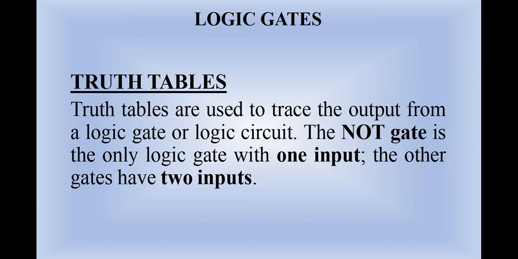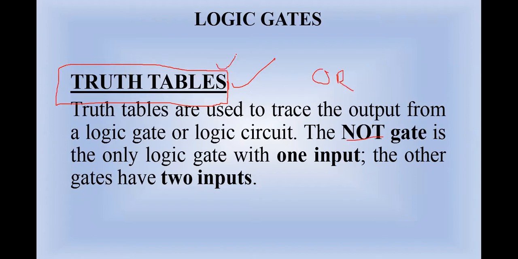A NOT gate, or any other gate, has what we call a truth table. This truth table gives results based on the logic gate you are using. The results for the AND gate are different from the results of the NOT gate. They're also different from the results of the OR gate.